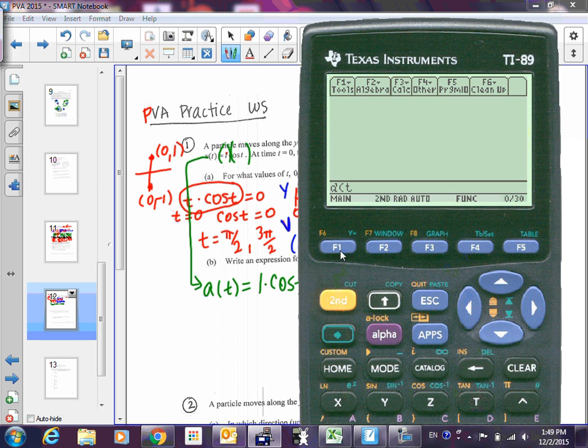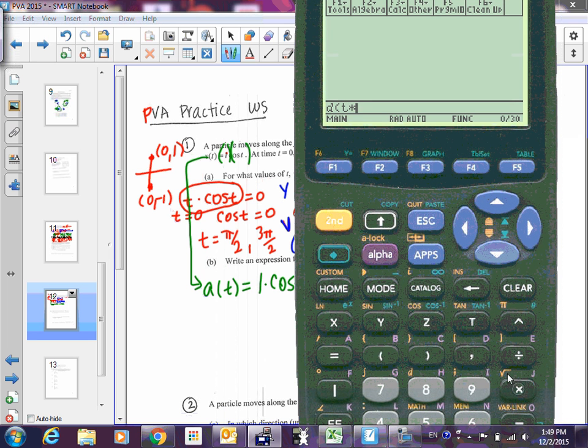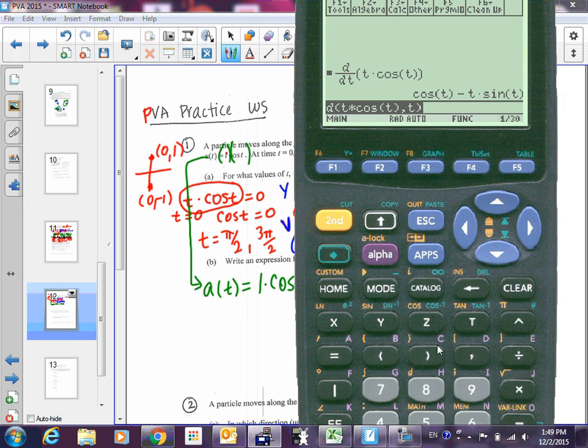Real quick, I'm going to clear my variables. I'm going to make sure that I don't have anything stored in. You may want to do that. t times cosine t. Here you could use x or t. And then since I am using t, I'm going to do comma t. Yeah, you can use any letter here. In Y equals, though, you can only use x.